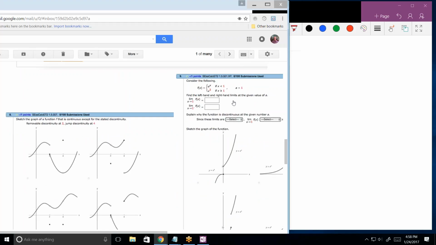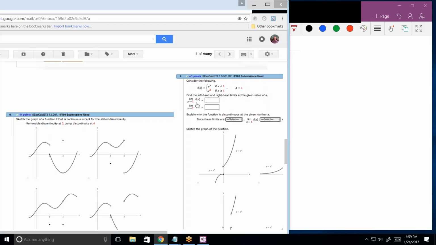Find the left hand and right hand limits at the given value of a. In other words, a is 1. So if I approach 1 from the left, what's the function equal to?